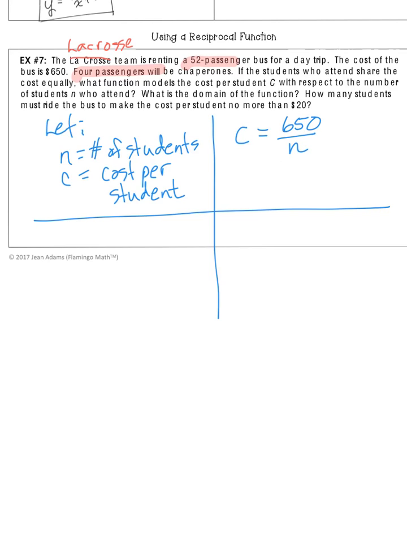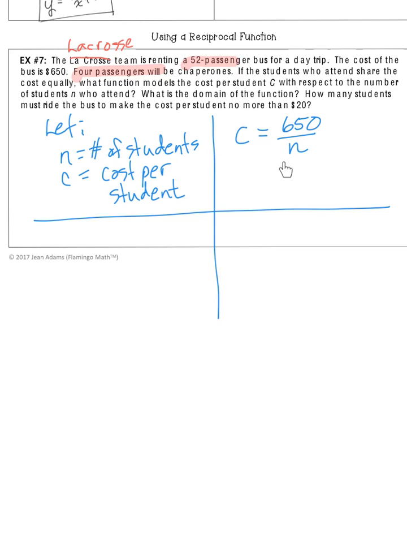The question that they want to know, so that's one of the questions, what is the domain of the function? I don't have anything added to this value underneath here or outside here. So that means that my domain normally would be negative infinity to 0, union 0 to positive infinity. However, we know that we can't have any negative students, right? Because n is our domain.